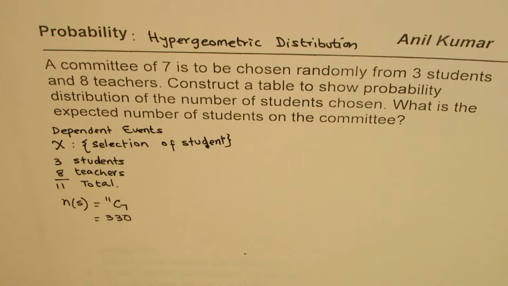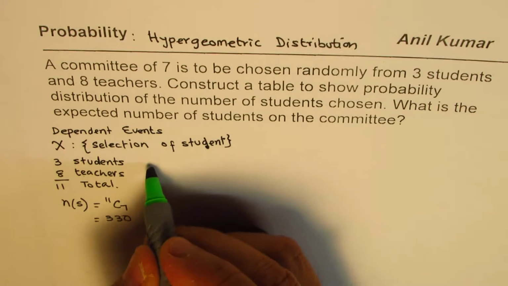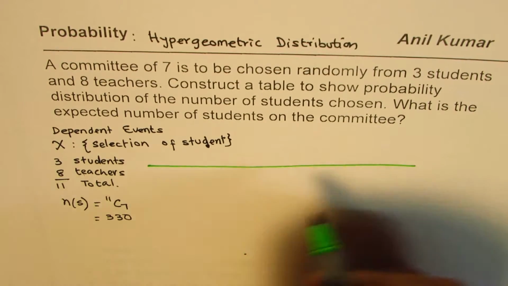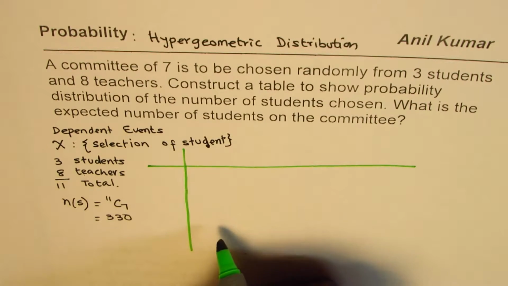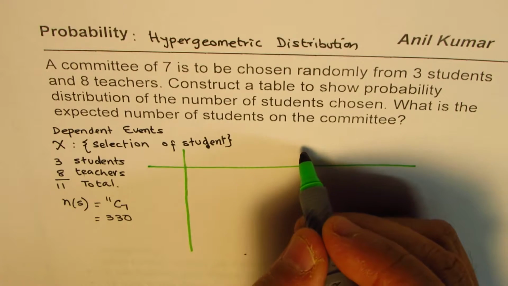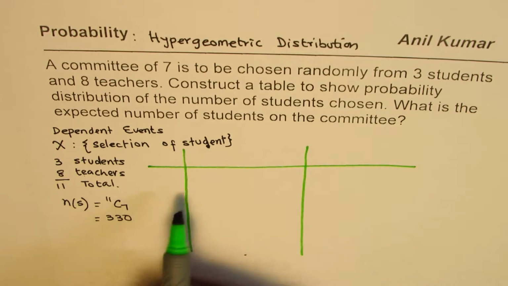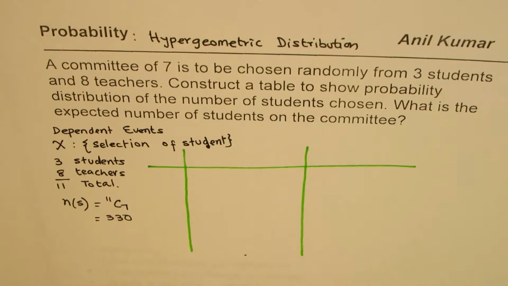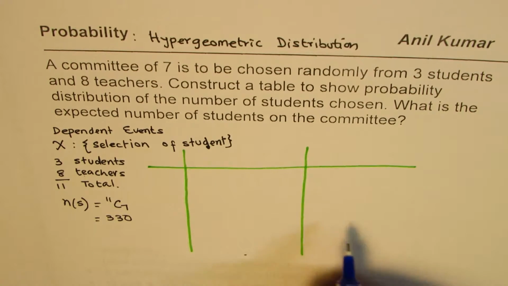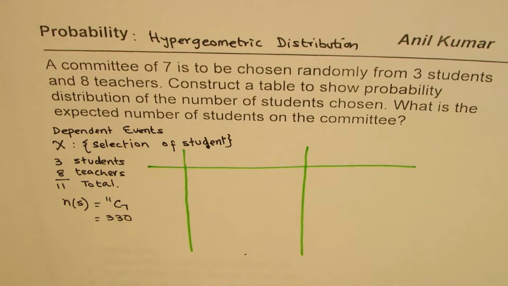Since we need to find the expected number of students also, we'll make a table. In this table, we'll write possible values of our random variable, and then we'll calculate their probabilities. That becomes a probability distribution, and then we'll multiply by x and add them up to find the expected number of students.